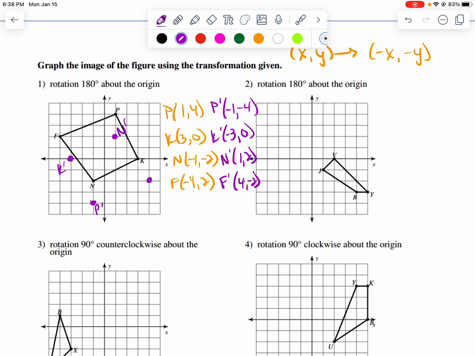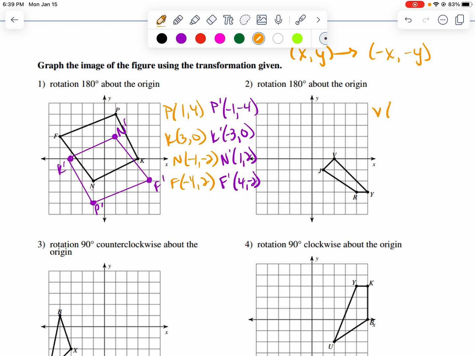Okay, and we connect all of our points. And we notice that these two figures are congruent. It's just rotated about the origin. Okay, so if we look at number 2, again, we've got 4 points.